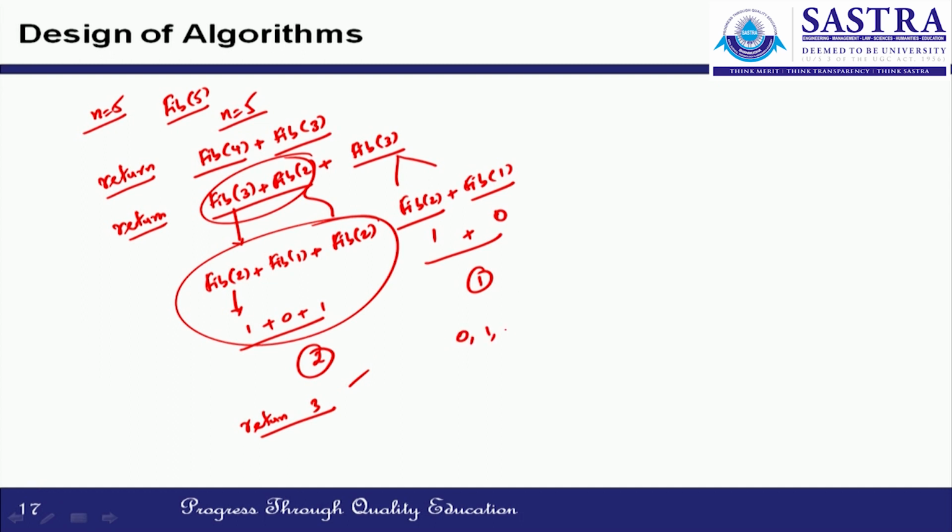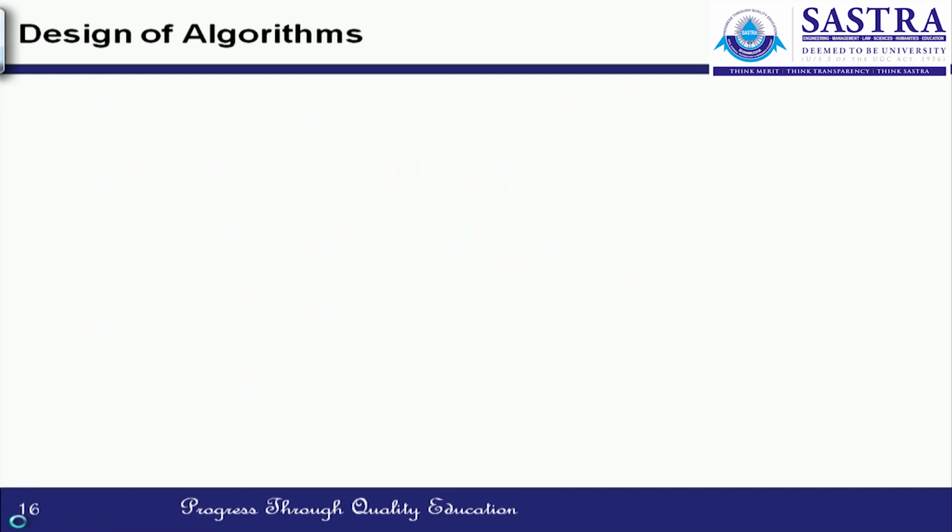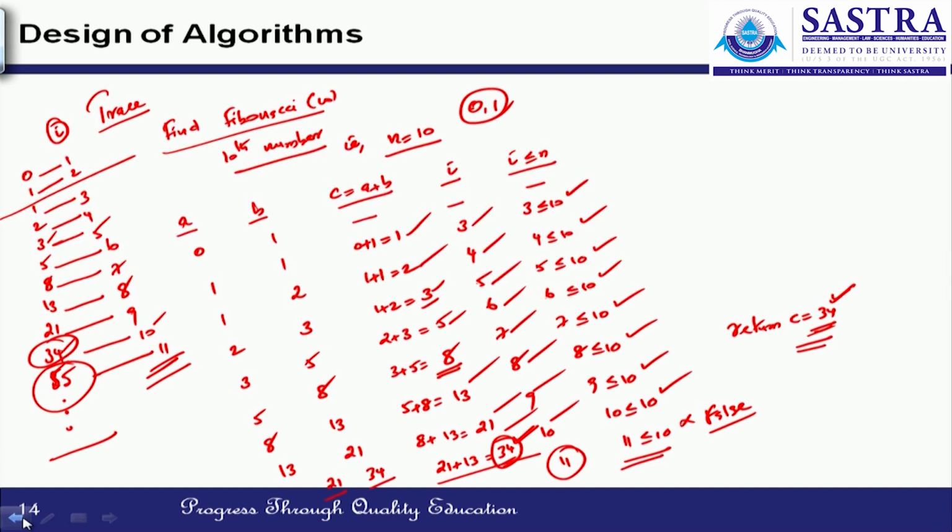0, 1, 1, 2, 3, 5, etc. This is the first number initialized. Second number is initialized. This is the third number. This is the fourth number. And this is the fifth number. As we traced earlier using the iterative approach, the fifth number in that sequence, when I becomes 5, C holds 1 plus 2 is equal to 3.